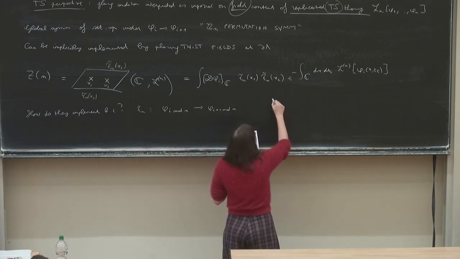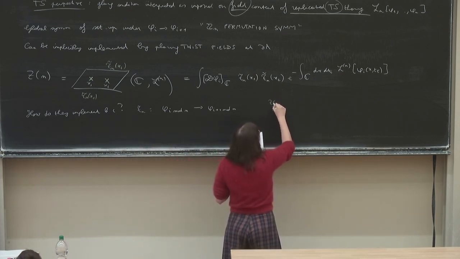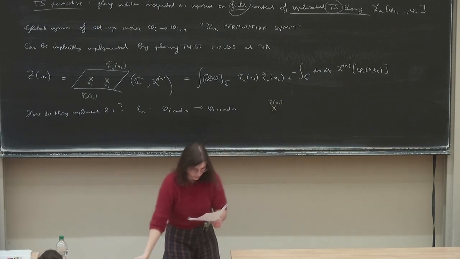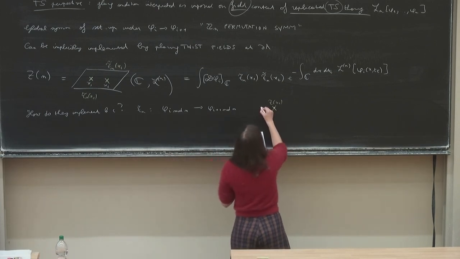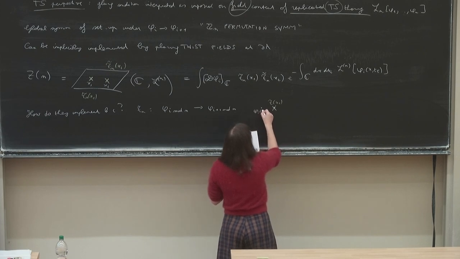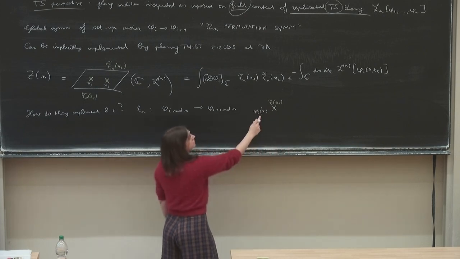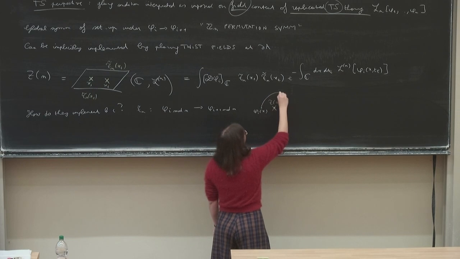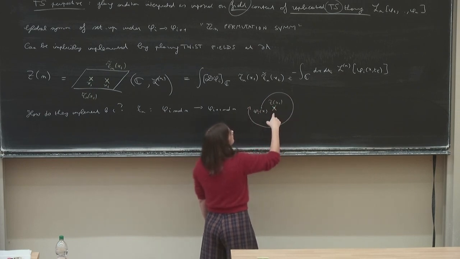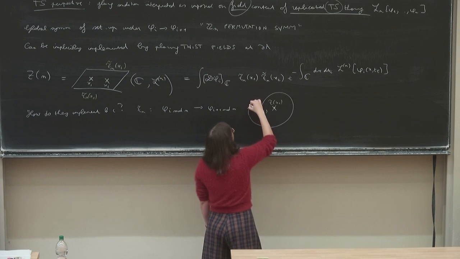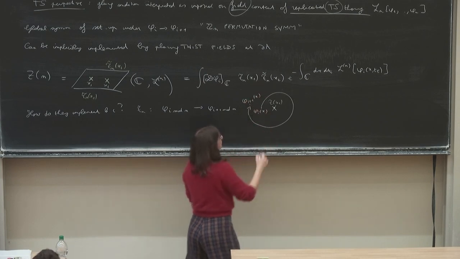If you have T sitting here at x1, and you have a field phi i of x, when that field turns around the twist field, it transforms into phi i plus 1 of x.